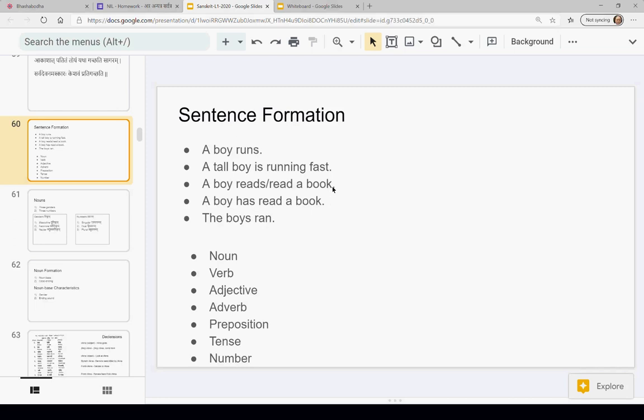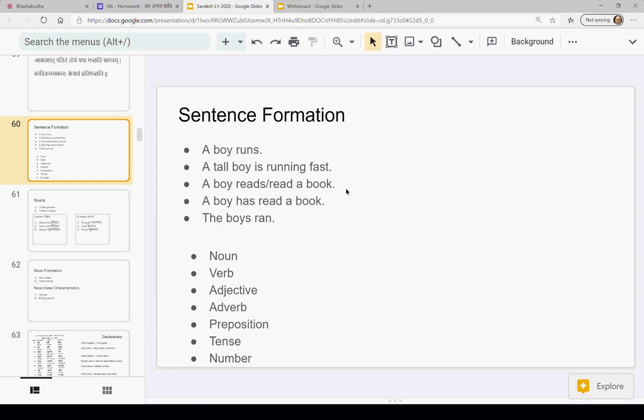But additionally, some more information might be needed. For example, boy reads a book, like what kind of book, how he reads it, where he reads it, to whom he reads it. So all those additional information words might be there in a sentence.